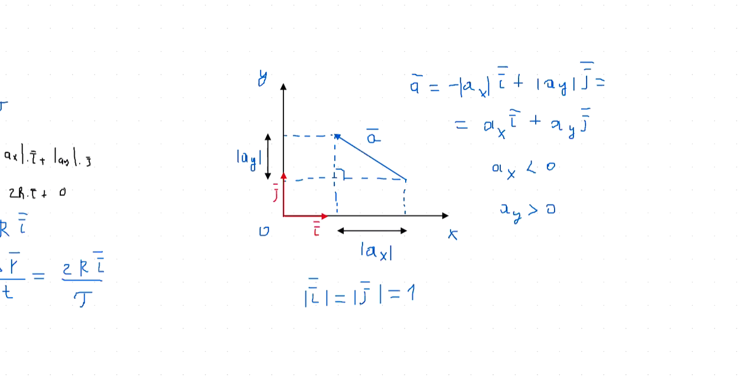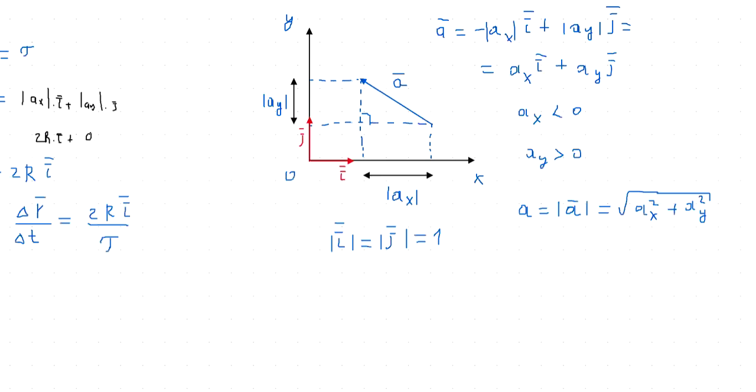So we can write that the modulus of vector A is equal to the square root of ax to the power of 2 plus ay to the power of 2.